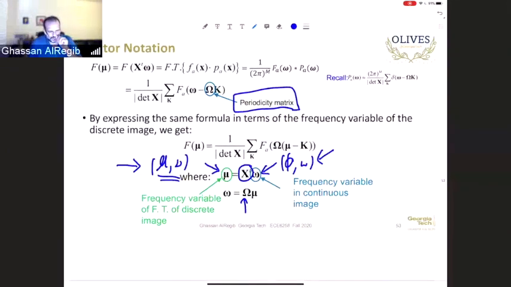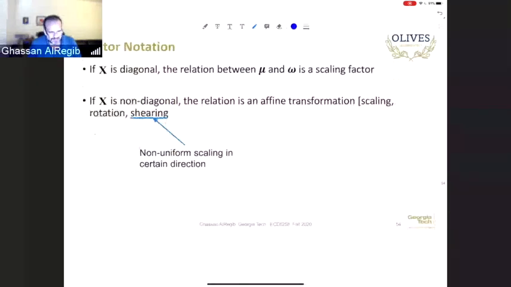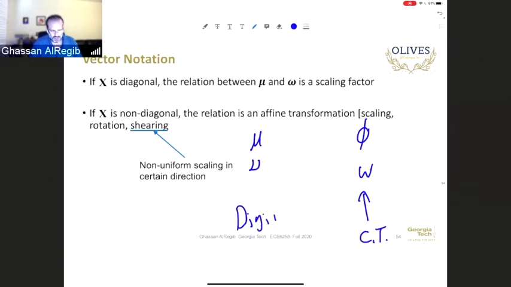Now, all of this, what does this mean to me or to you? That there is a relationship between our mu and mu, and our phi and omega. These are in the continuous case, and these are in the digital. Meaning these are frequency components of the digital signal, and these are frequency components in the continuous signal.